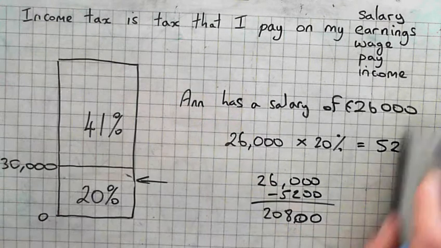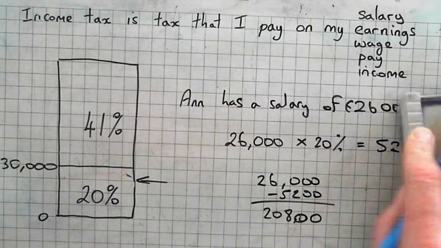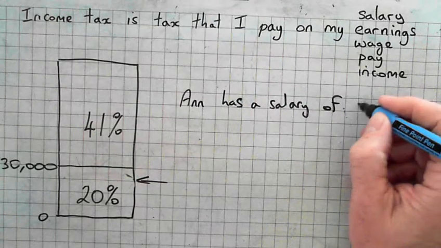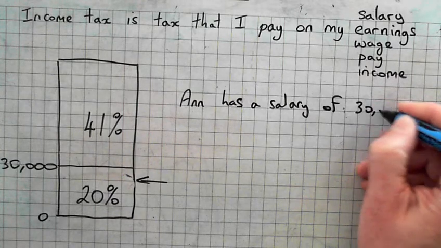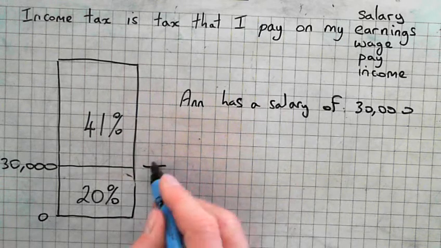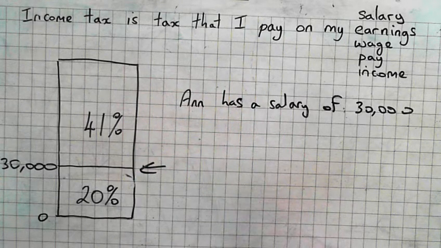Yeah. Right. So let's say Anne has a salary of 30,000. So it's the same. If it's 30,000, so she's earning this amount of money. So I can calculate it at 20% again.